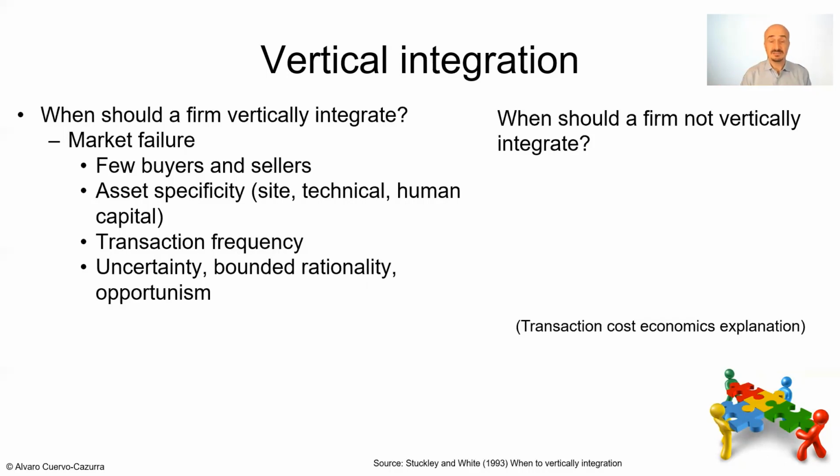The story of asset specificity means that I invest a lot in this relationship, and if it fails for whatever reason, all those investments have a very low secondary value. I have to find somebody else to work with, and yes, I had great connections, but with this other company I don't really have the connections. I lose a lot of value from those investments.